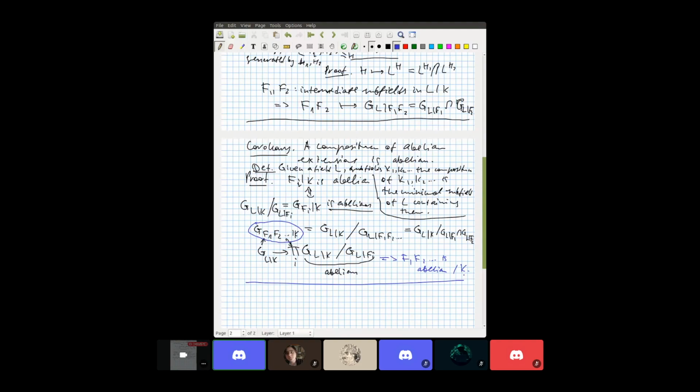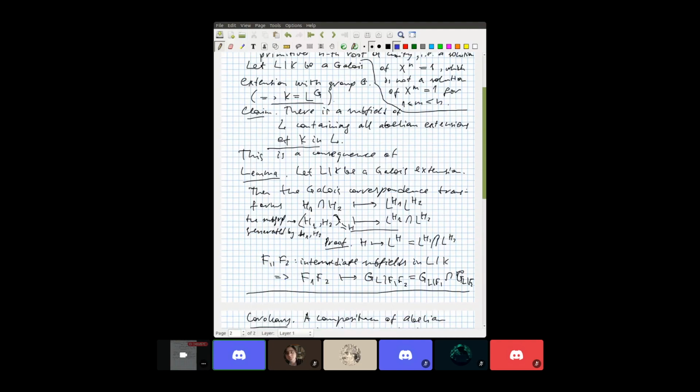Okay, and this means that the notion of the maximal abelian extension or sub-extension is well defined.